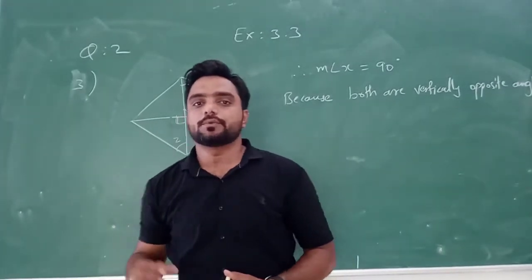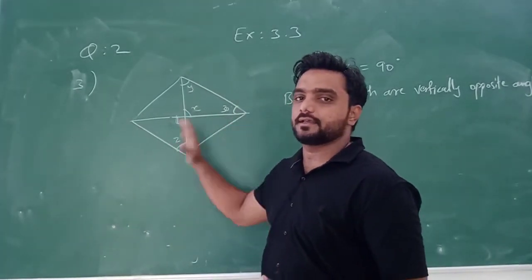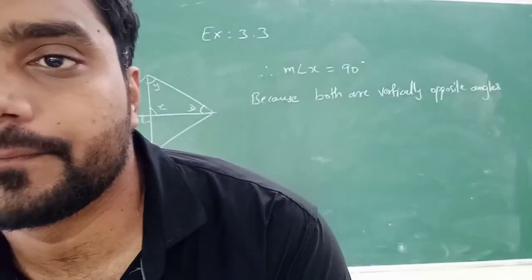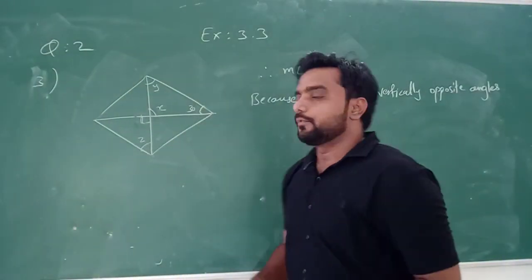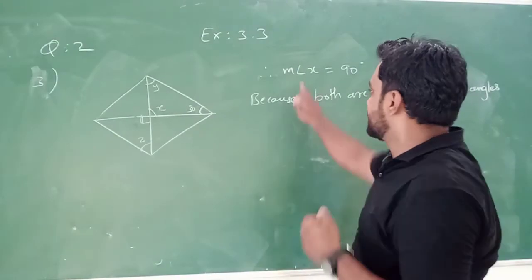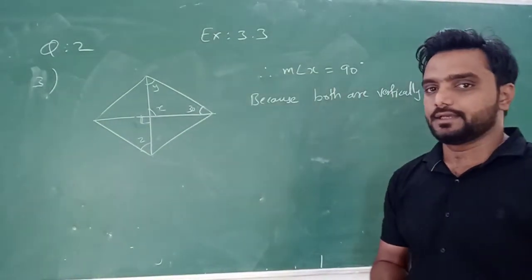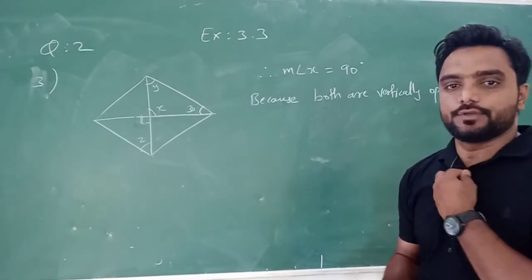Vertically opposite angles का measure same रहता है. Understand or not? So here both are the vertically opposite angles, so measure angle x is equal to 90 degree. Measure angle x की value हमें मिल गई, x की value 90 degree.